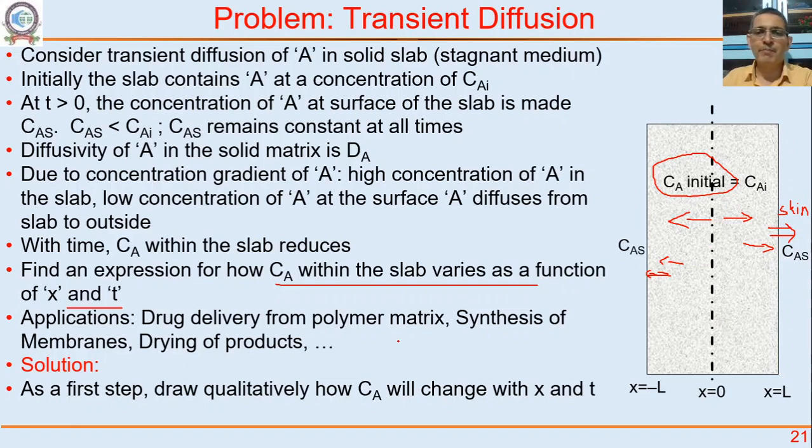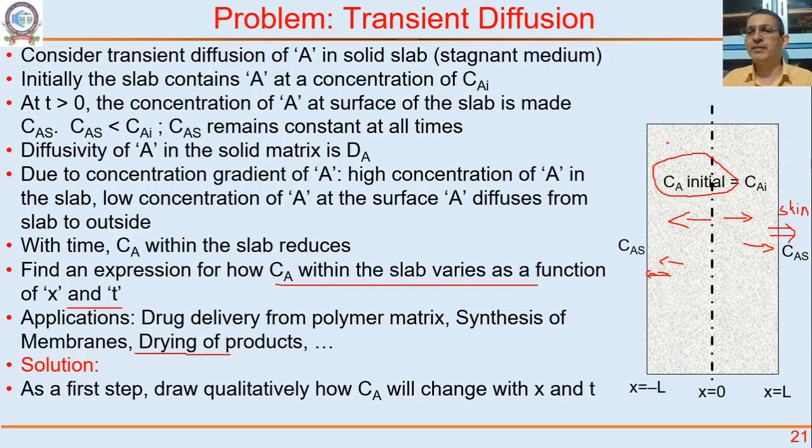Or membrane synthesis. Suppose you want to make a membrane, you have a polymer dissolved in a solvent, you put that polymer solution in an anti-solvent, or you expose it to anti-solvent. The solvent diffuses, and as the solvent diffuses, the solid polymer precipitates, and you make a membrane. That's how membranes are made. Or drying of products.